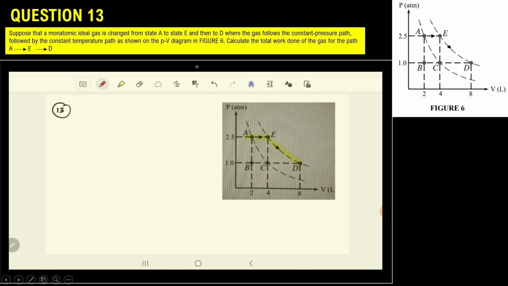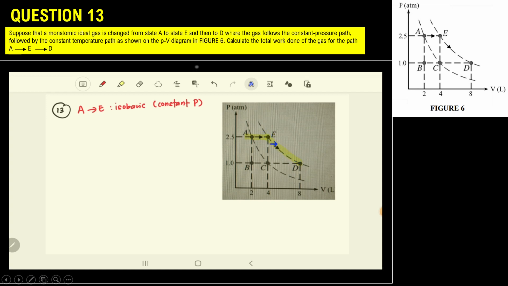So from A to E, it's isobaric, constant pressure. While E to D is an isothermal process, because E to D is at the same temperature.